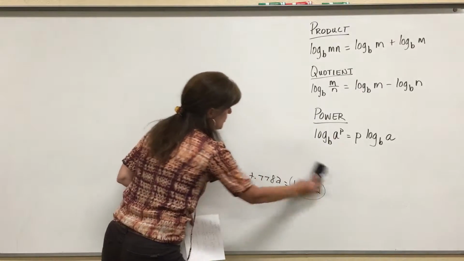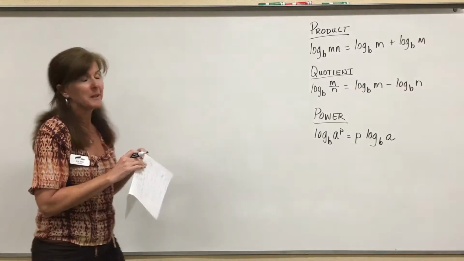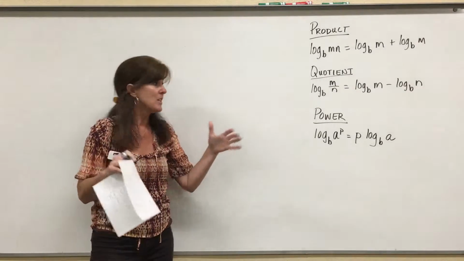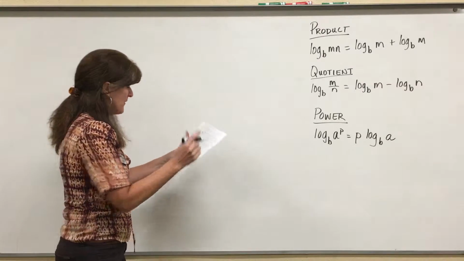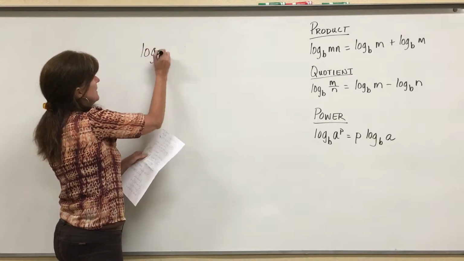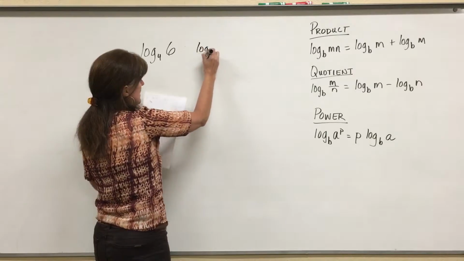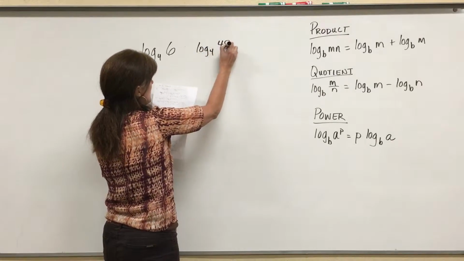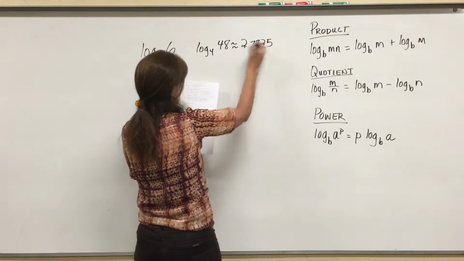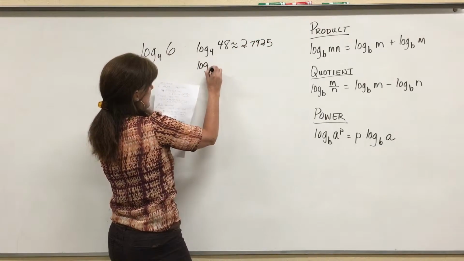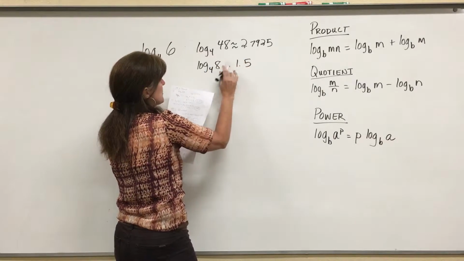It works the same with the quotient property. If you can't put together a multiplication situation, then you can break it up into a division problem. So if you're given log base 4 of 6, but you're given log base 4 of 48 is approximately 2.7925, and log base 4 of 8 equals 1.5.